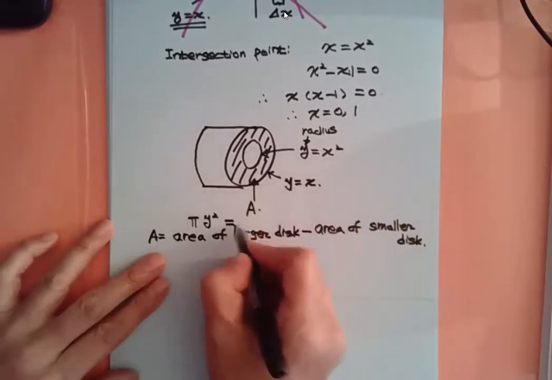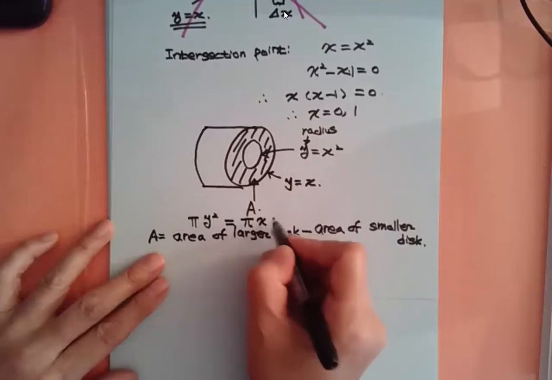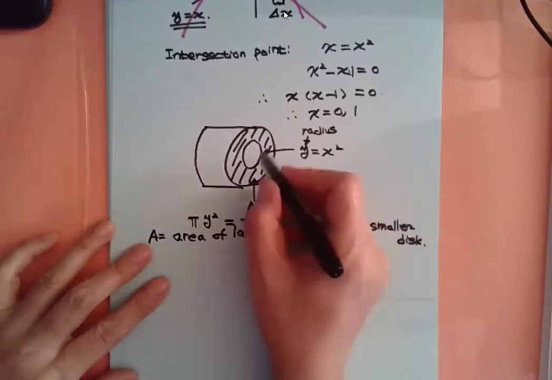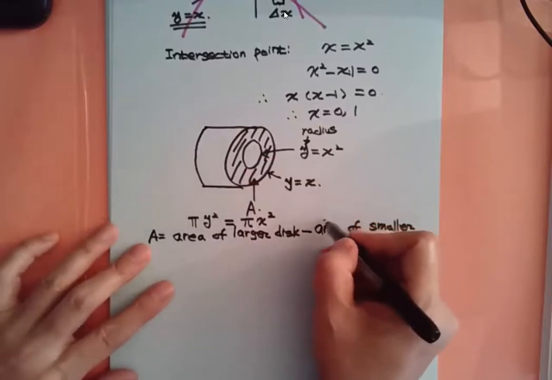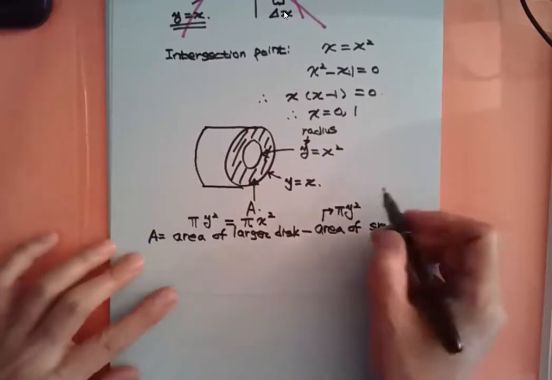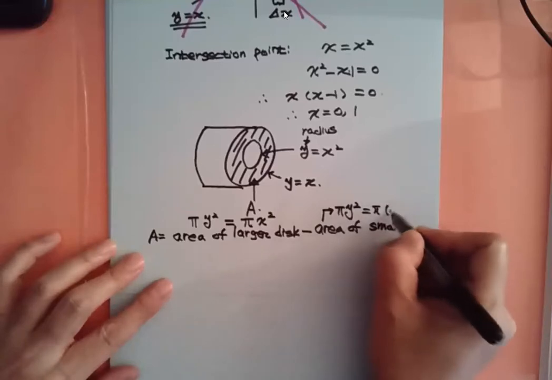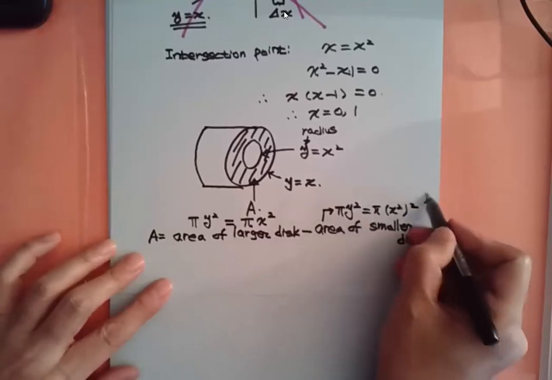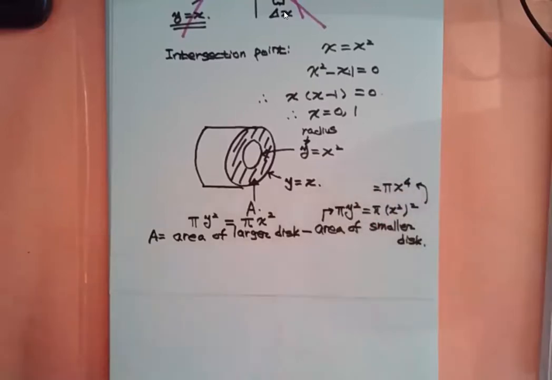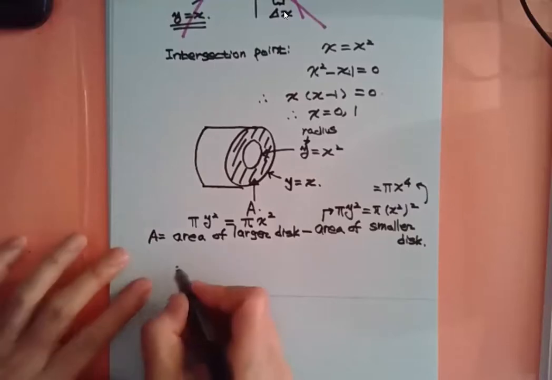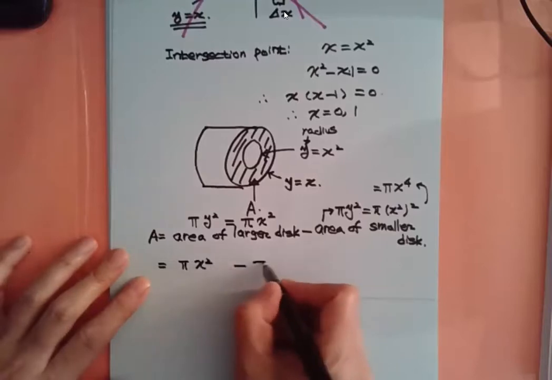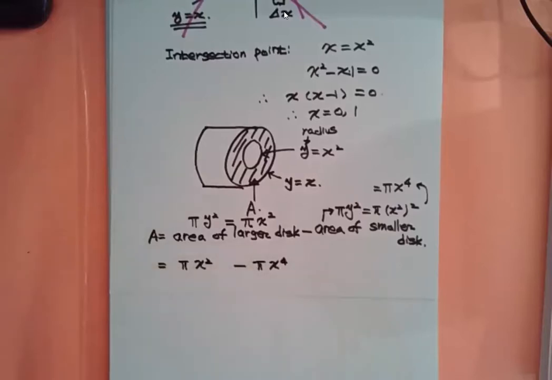So this can be written as pi x squared. For the area of the smaller circle, again pi times y squared, because y is the radius, equals pi times x squared squared. So this one equals pi times x to the 4th power. So that is pi times x squared minus pi times x to the 4th power.